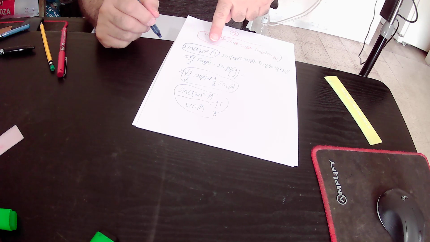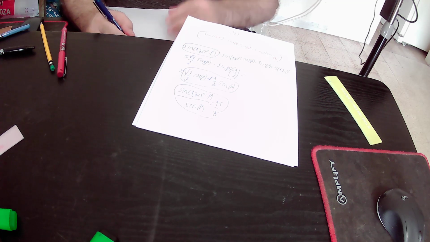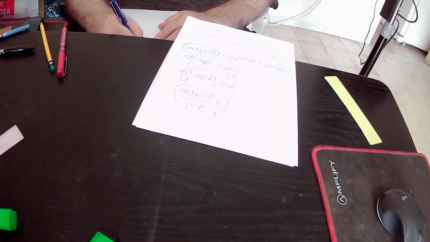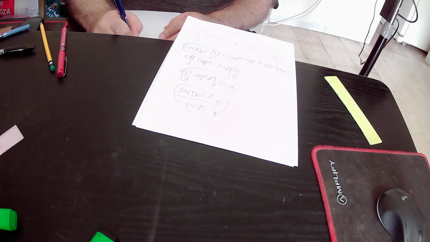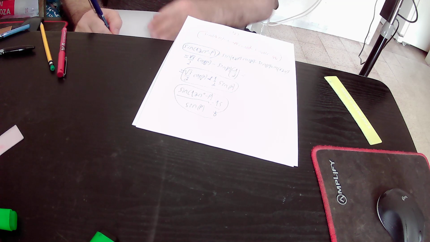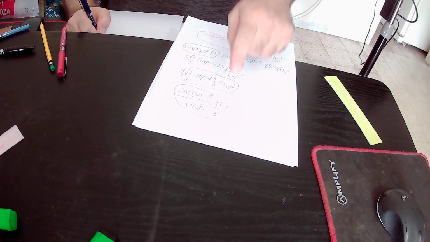So we will get root 3 over 2 times cosine P over sine P plus 1 over 2 times sine P over sine P equals 15 over 8.